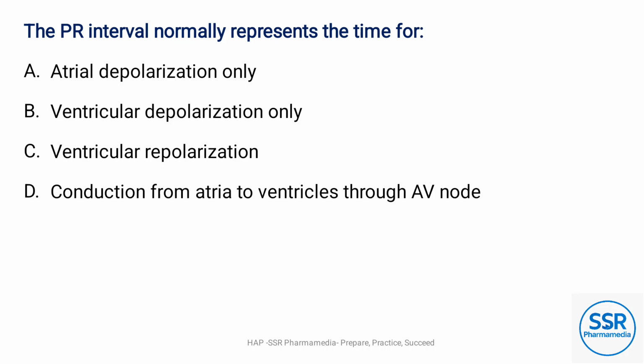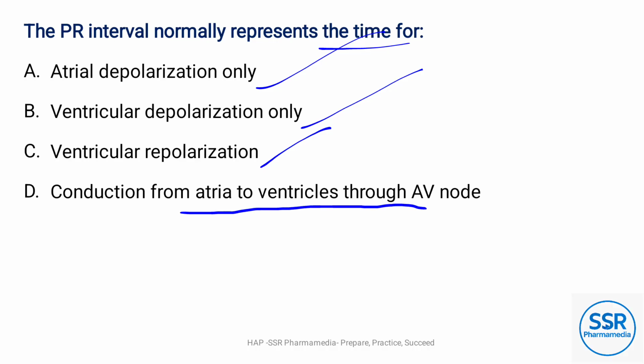Next, the PR interval normally represents the time for option A, atrial depolarization only; option B, ventricular depolarization only; option C, ventricular repolarization only; option D, conduction from atria to ventricles through the AV node.